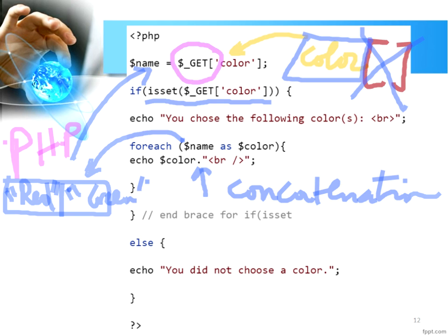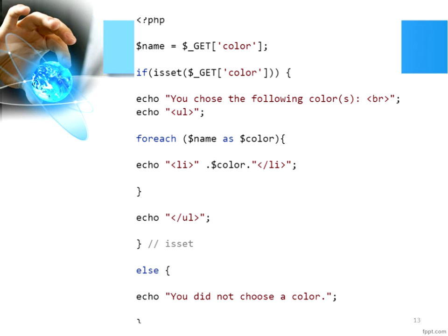What tags will be used? OL for ordered, but I want unordered. UL, very good. UL and LI. Yes. So I will modify this code here.